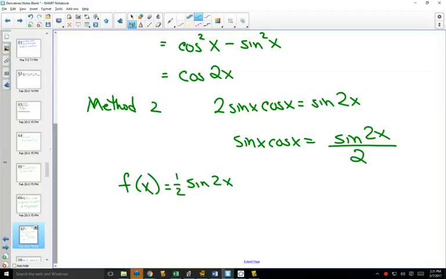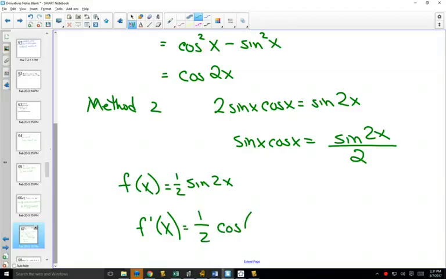Does that make sense that dividing by 2 is the same as multiplying by a half? Now if I want to find the derivative, can you see that there's a chain rule? That the 2x is inside of sine. So we have one function inside of another function. So I would do the derivative of my outside function first. What's the derivative of sine?